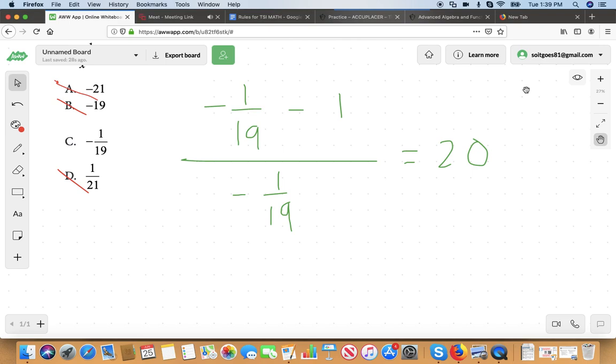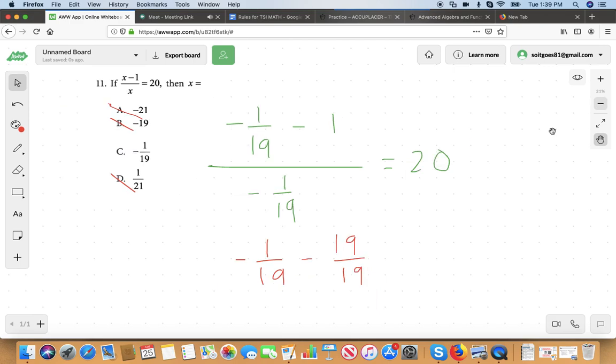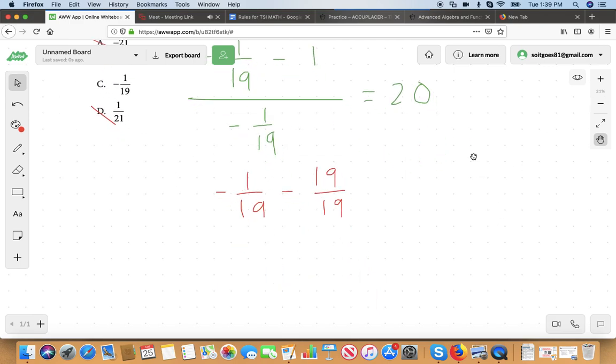Let me show you why I think it's going to be 20. I'm going to rewrite negative 1 over 19 minus 1 as 19 over 19, because anything divided by itself is 1. Right, absolutely. And that's divided by negative 1 over 19.